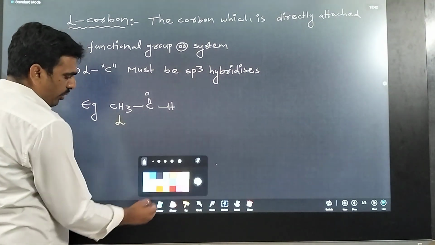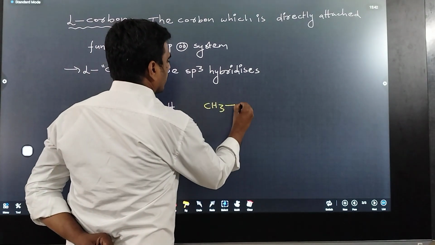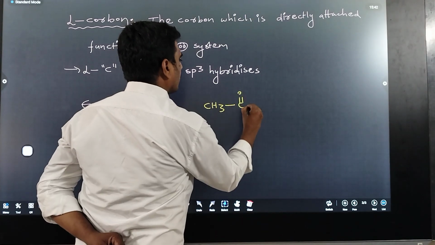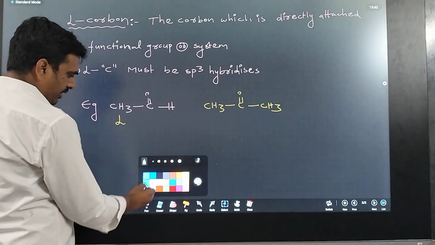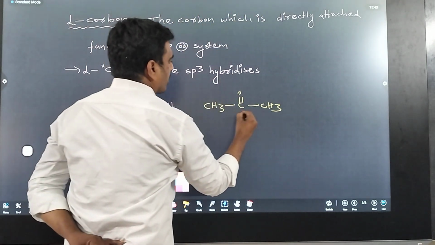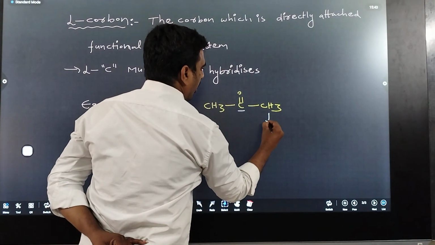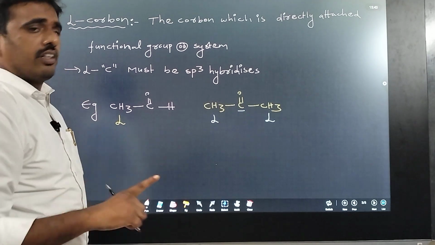I can write one more example, CH3 C double bond O CH3. This is acetone. Here this is the functional group. The adjacent carbons are alpha carbons.